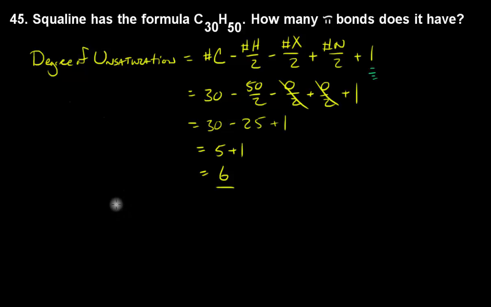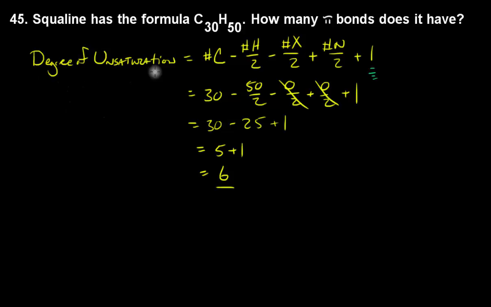If you look at number 45 in your book, the way that it's phrased is that it says squalene is an acyclic compound, which means that it's completely linear. So that means every degree of unsaturation must result from a pi bond. And this is a very important bit to remember.